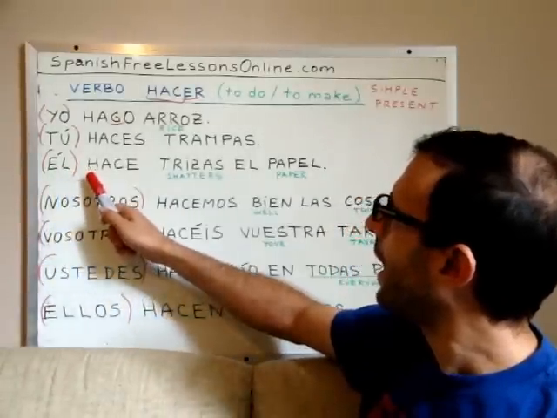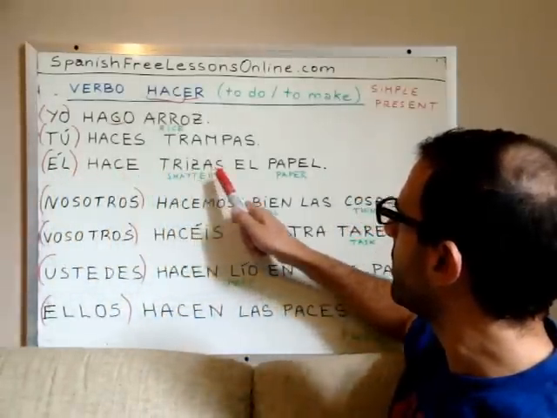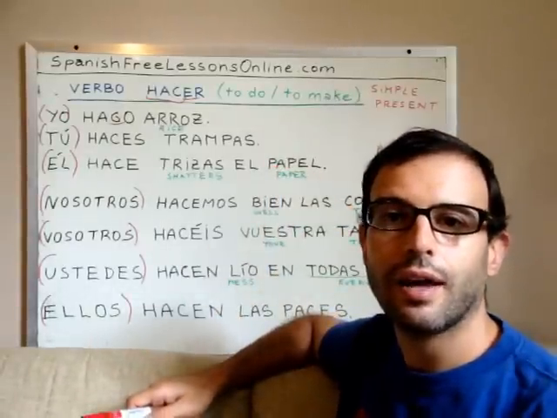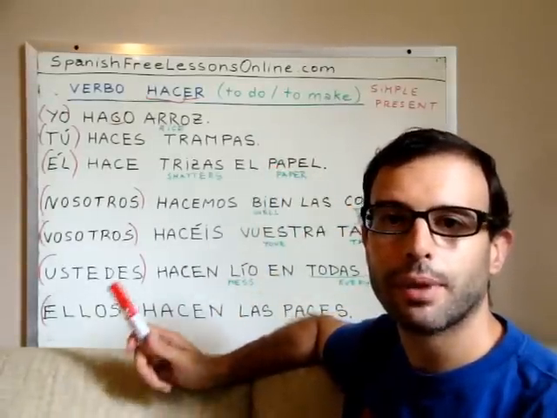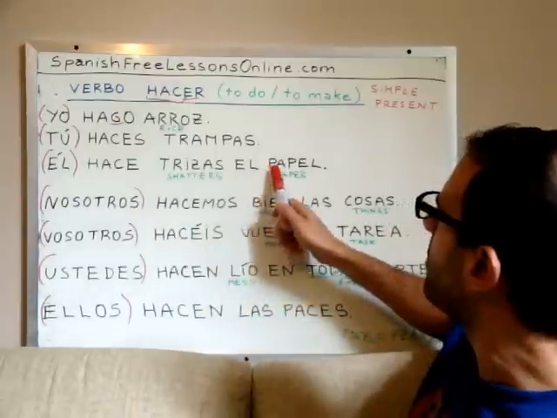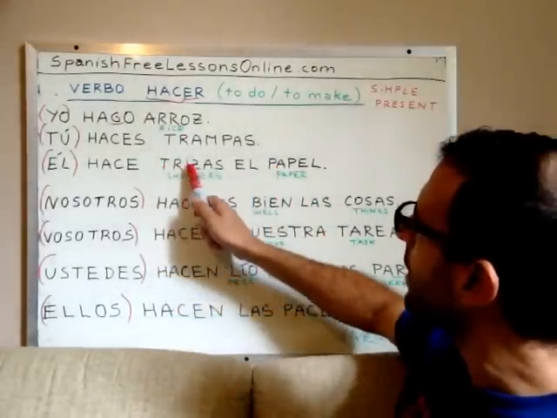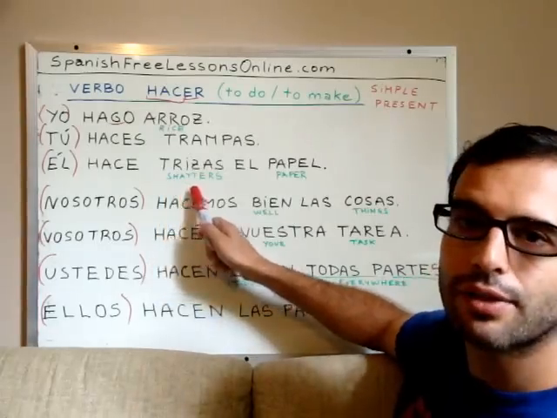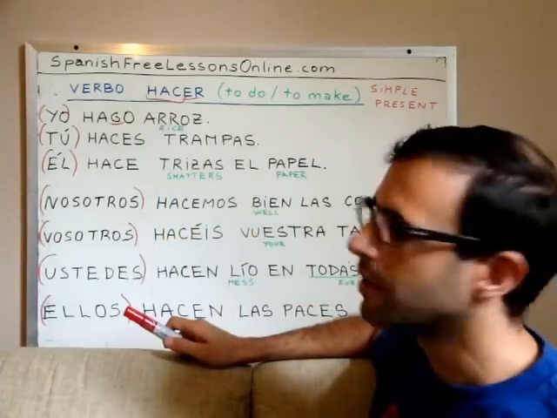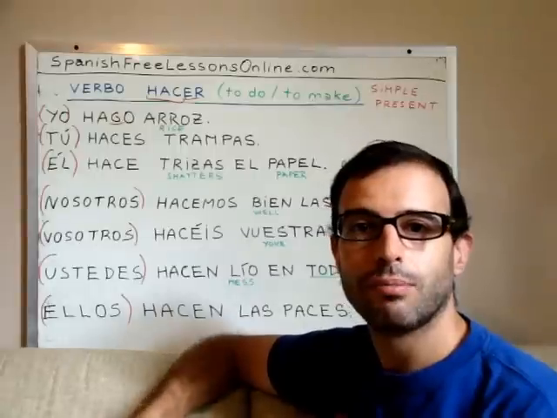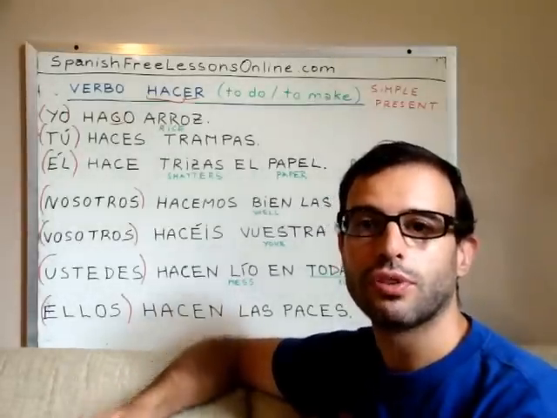Él hace trizas el papel. Papel means paper. Trizas means shatters. But when you say hacer trizas, it means to shatter or to destroy something.